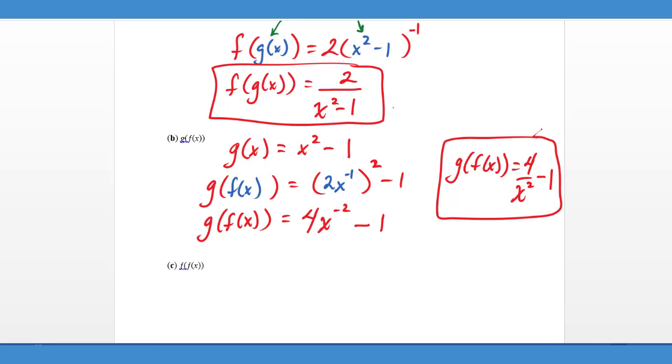You can see that f of g of x does not necessarily equal its reverse composite, g of f of x. Sometimes it will, and we'll talk about how that is and why in the next lesson when we start talking about inverse functions. But it does not necessarily equal those, and you can see that between those two parts right there.